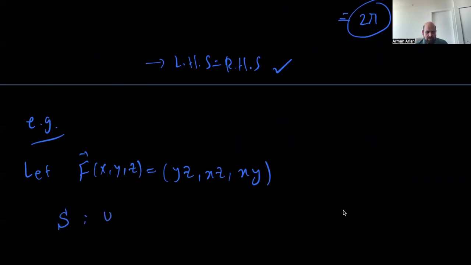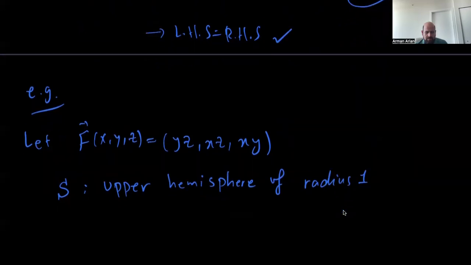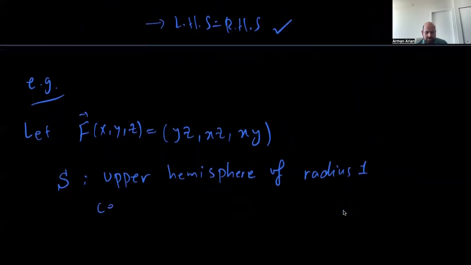And S, let's assume, is the upper hemisphere of radius 1, centered at the origin.